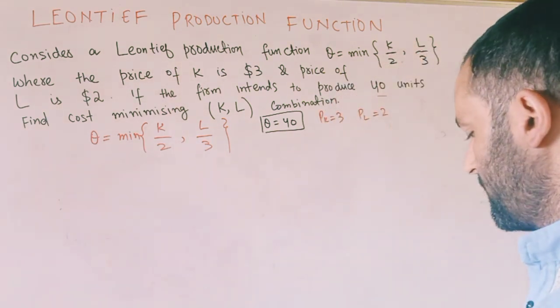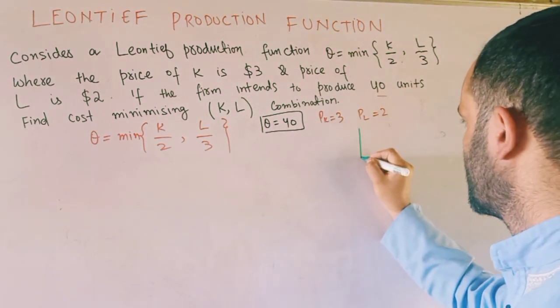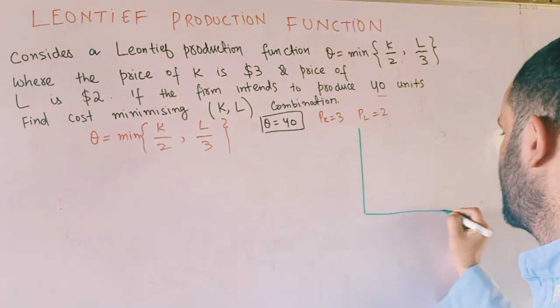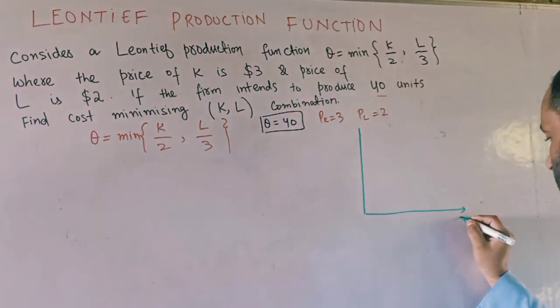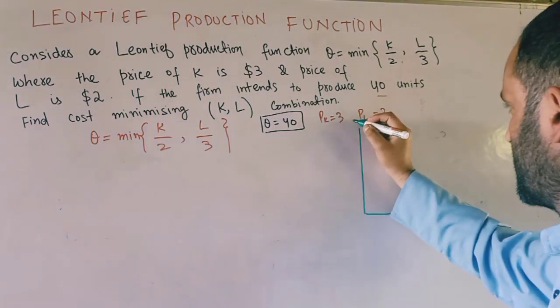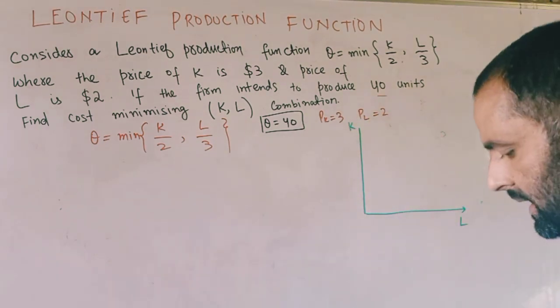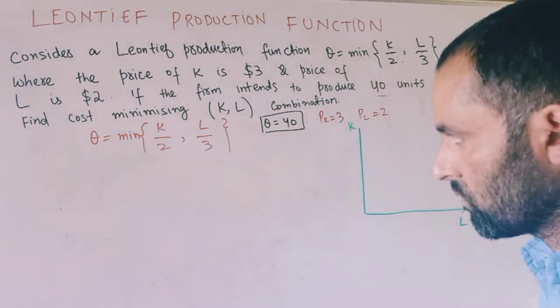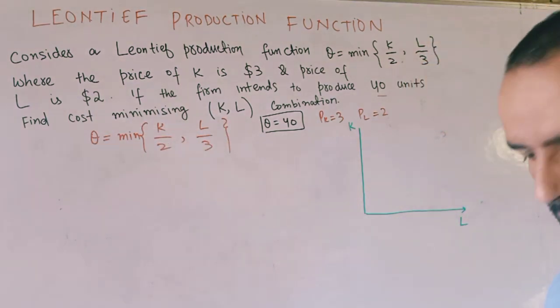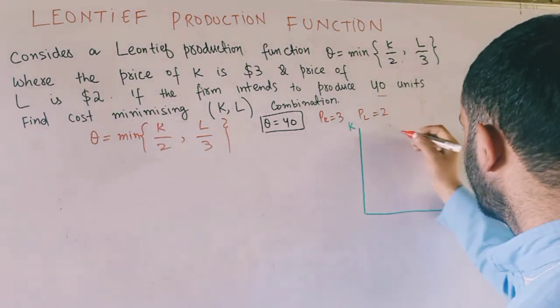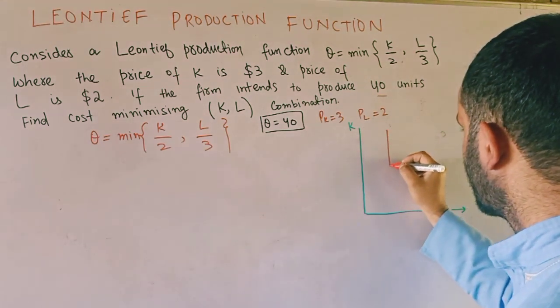Let's first draw the graph here, or let me rather make a simple systematic graph. We have units of labor on this side, units of capital on this side. Okay, if I draw this min function here, it will look like an L-shaped production function.